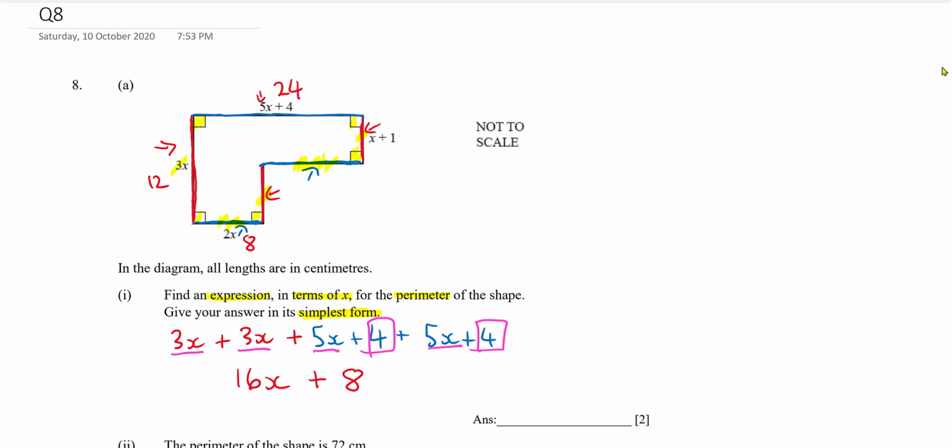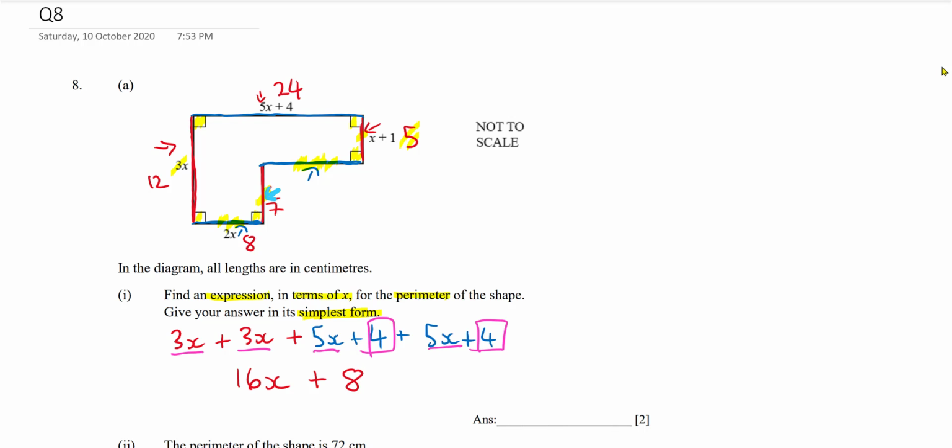And then x plus 1, 4 plus 1, is equal to 5. Then we can work out some of these other lengths as well. For example, this one here, I'm putting in light blue, we know the whole length is 12.